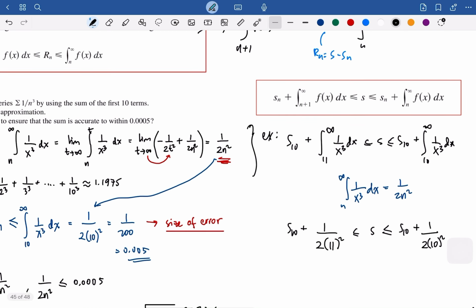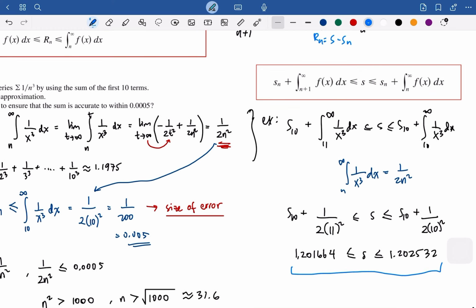So if we add the error to S10, we get 1.201664 less equal S less equal 1.202532. So we have this interval.